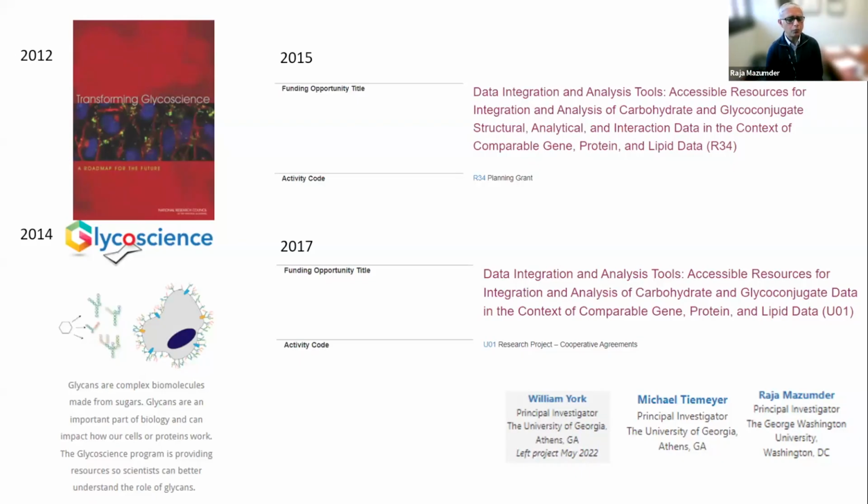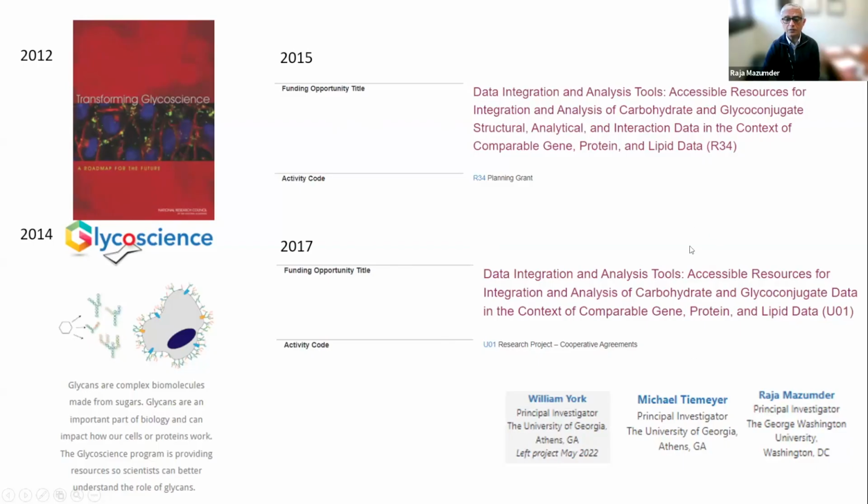And that report was really helpful in building some of the infrastructure that you're seeing around NIH and also NIH-supported research. So the glycoscience program in 2014 helped fund these, or they published these opportunities, which we applied for, and we were fortunate to receive support from NIH in 2017.